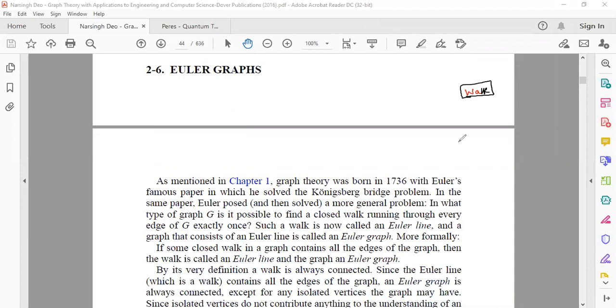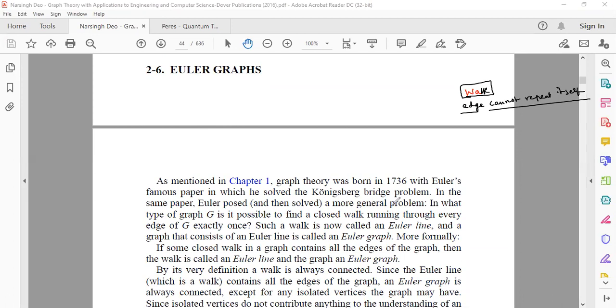We mentioned that in a walk, an edge cannot repeat itself. And in defining path and circuit, we are only busy making the point that the path and the circuit shouldn't contain any repeated vertex.